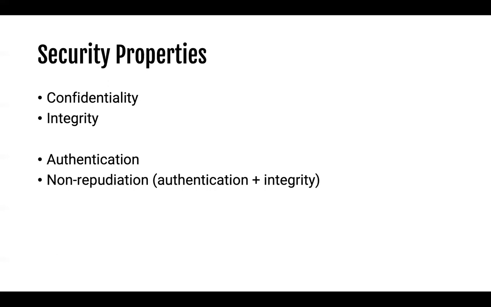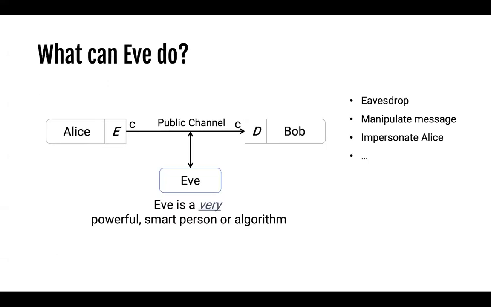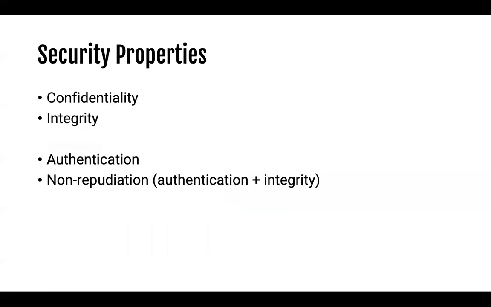Like previously, when we talked about how Eve can impersonate Alice, we want to stop this from happening. So when I send an encrypted message to someone, I am also hoping that the recipient can recognize that this message is truly sent from me, not someone else. So it authenticates that it is me who sent this message.